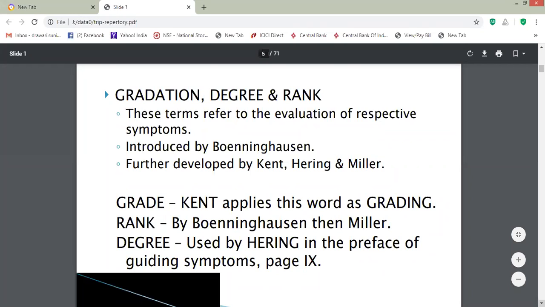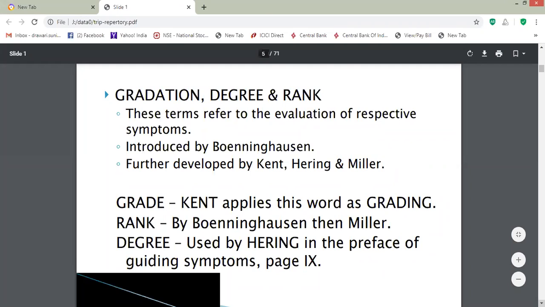Dr. Kent applied the word gradation, grading or grade in his repertory. Dr. Boenninghausen and Dr. Miller applied the word rank, and Dr. Herring applied the word degree.